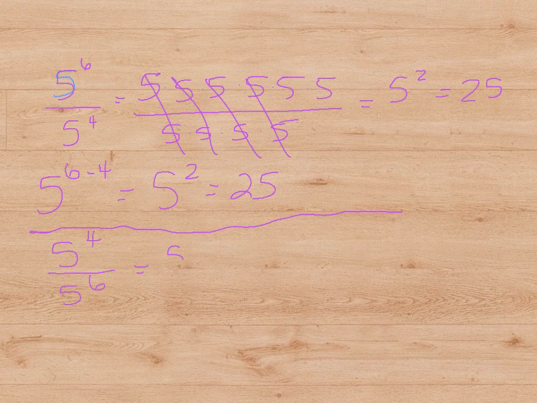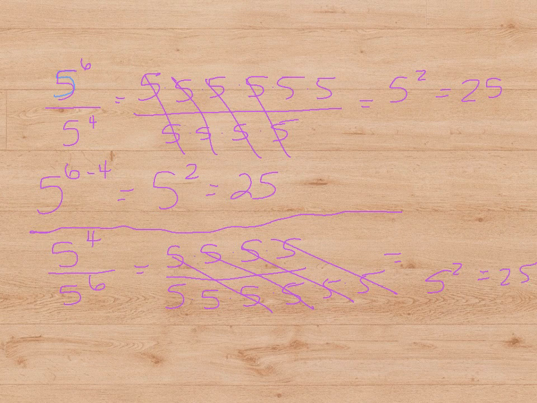Well, 5 to the 4th is 5 times itself 4 times. 5 to the 6th is 5 times itself 6 times, and we can notice things start to cancel out. All right, now, this is what I see a lot of. A lot of people say, well, there's 2 5s left, so 5 squared is 25.